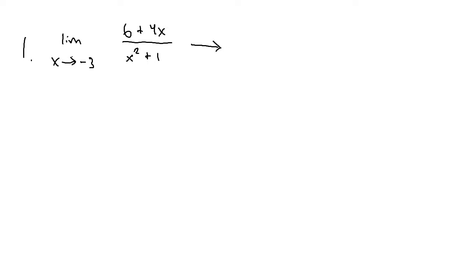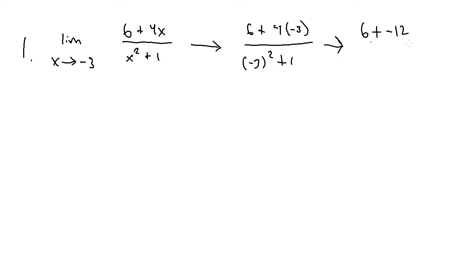So if I directly substitute x equals -3, I'll get 6 plus 4 times -3 over -3 squared plus 1. So if I evaluate it further, 6 plus 4 times -3, which is -12, over -3 squared, which is 9, plus 1.